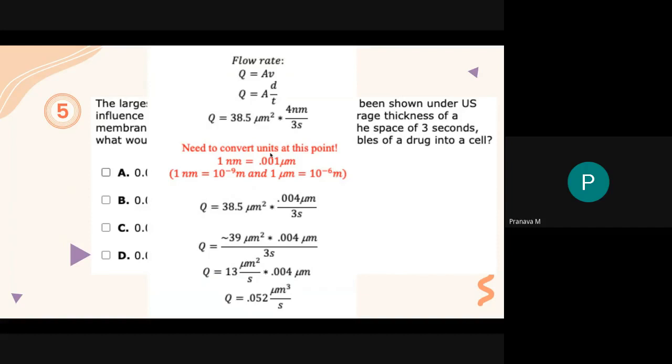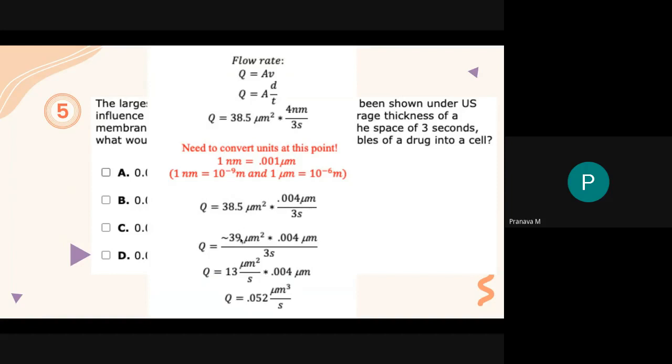So the nanometer is a smaller unit, and 1 nanometer is 1,000th of a micrometer. I then rewrite your nanometer in terms of micrometers. You would just take 4 and divide it by 1,000 to get 0.004. And then multiply everything out.